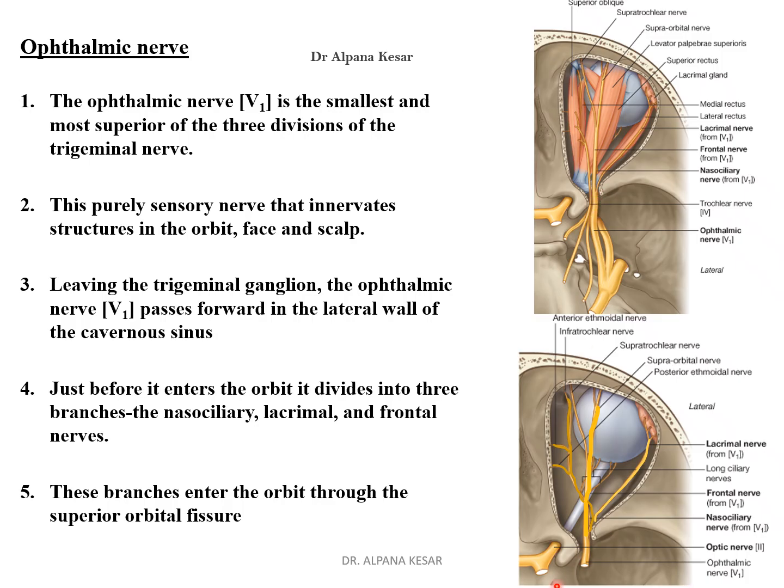Each of these 3 branches enters the orbital cavity separately through the superior orbital fissure. This is the frontal branch of the ophthalmic nerve, which is the largest of the 3. This is the lacrimal branch, which is the most lateral branch, and this one is the nasociliary branch of the ophthalmic nerve.